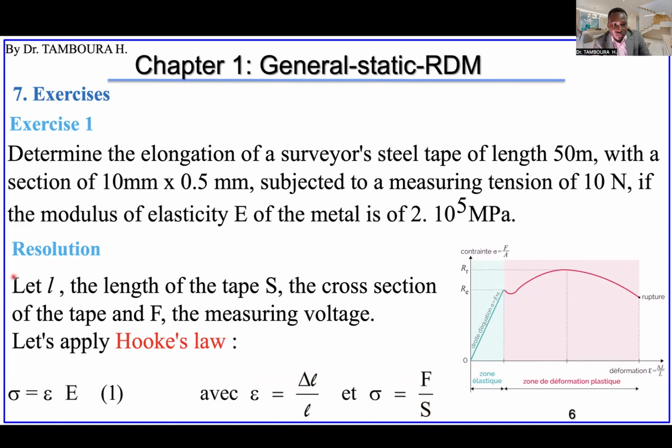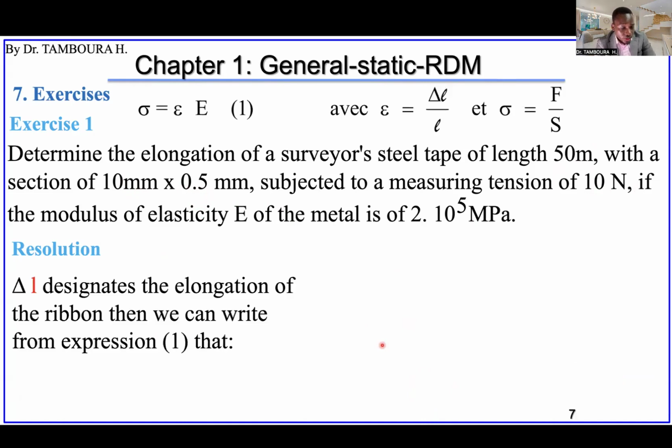We have L, which is 50 meters, and we have F, 10 Newton. S is the section, which is 10 by 0.5 millimeters. So you just have to be careful about the units used.